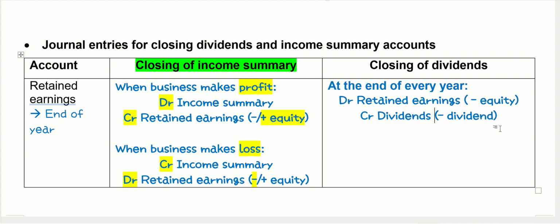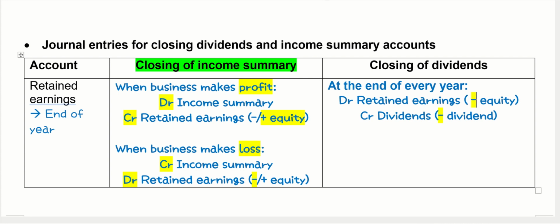You take out from your dividends, that's why you minus away dividend here, and then you put it into retained earnings.